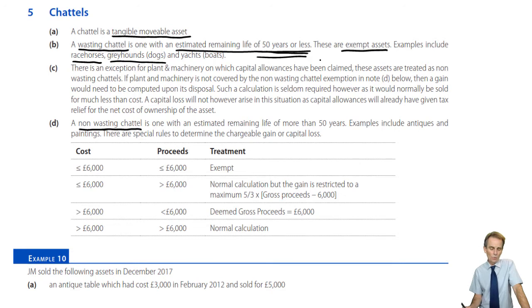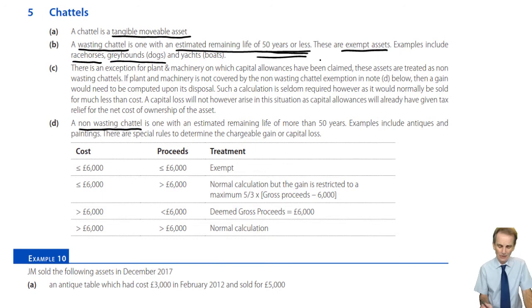So what HMRC are doing here is basically doing themselves a favour. Yes, there might be the odd circumstance where gains that might have arisen are not now taxable. But in most cases, such wasting chattels are going to go down in value.